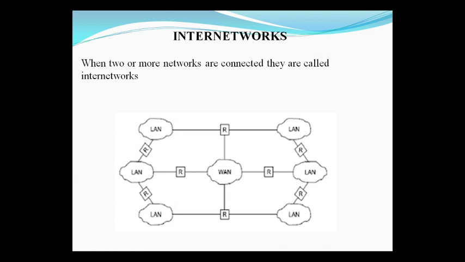Individual networks are joined into an internetwork by the use of internetworking devices like bridges, routers, gateways. The term internet basically comes from here. So you can see in this particular diagram, WAN and LAN are connected through a router.